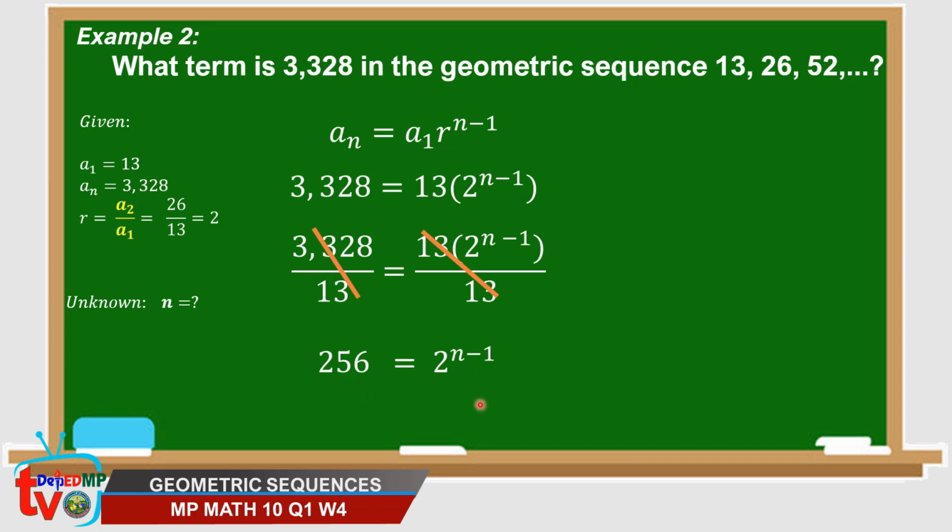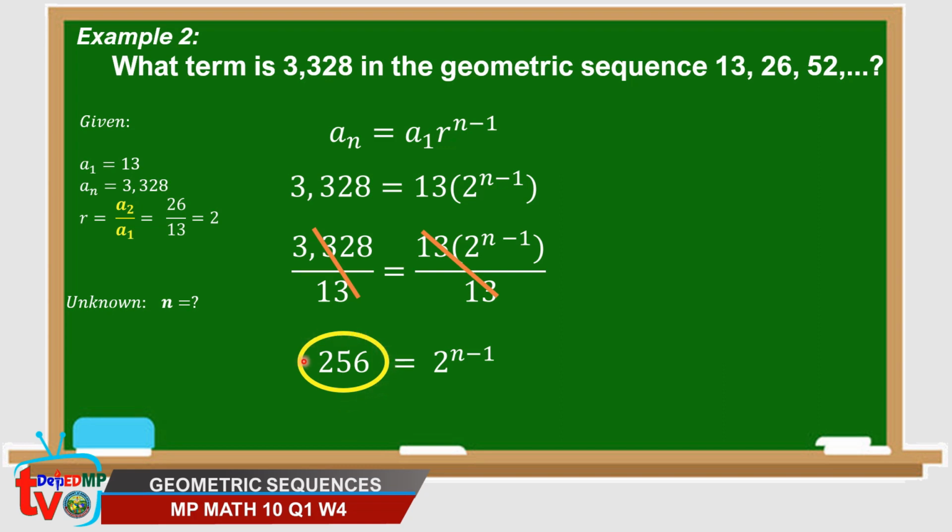How are we going to solve this? We need to express 256 in an exponential expression in such a way that its base is the same with the base of the expression on the right side of the equation. The base in the expression 2 raised to n minus 1 is 2.